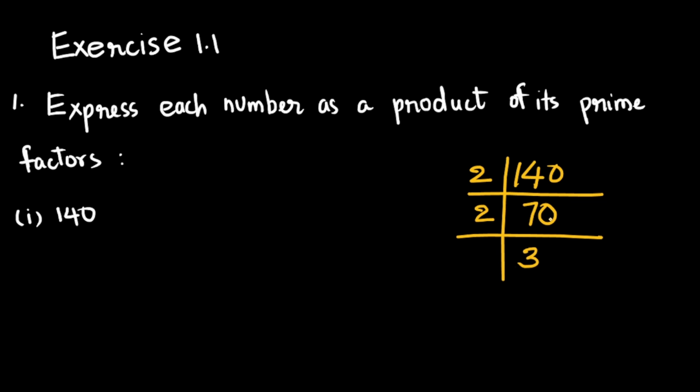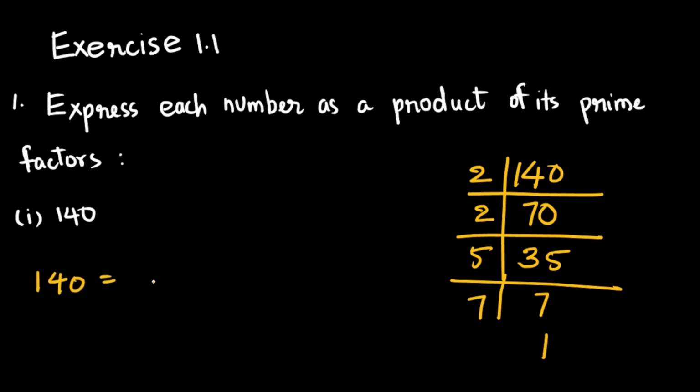We have a remainder 1, which will make it 10. So 2 fives are 10, we'll have 35. Then we will take 5 as the next number. 5 sevens are 35, we'll have 7 here. So when you write 140 in terms of prime numbers, we'll have 2 into 2 into 5 into 7. This is how we express 140 in terms of prime numbers.